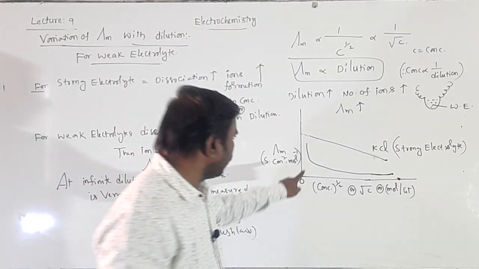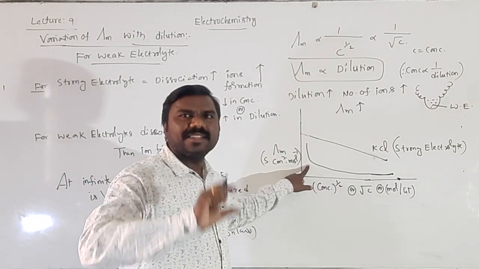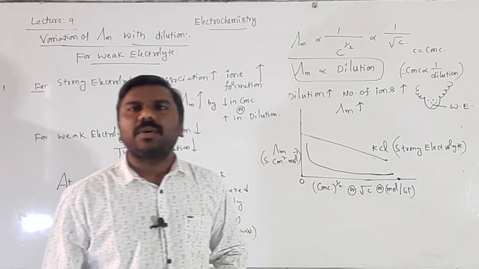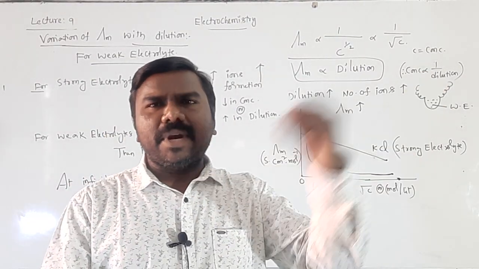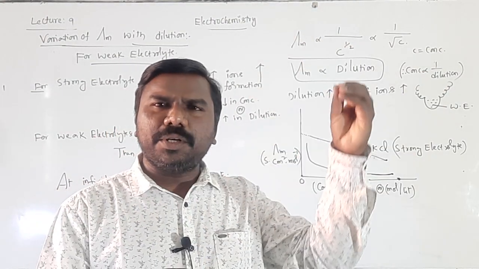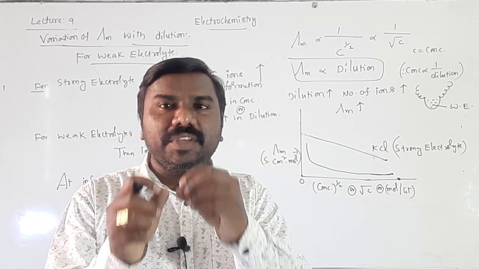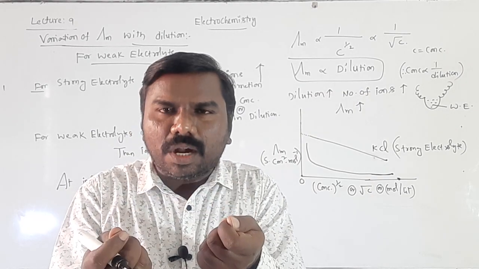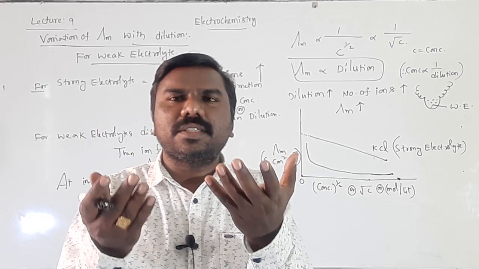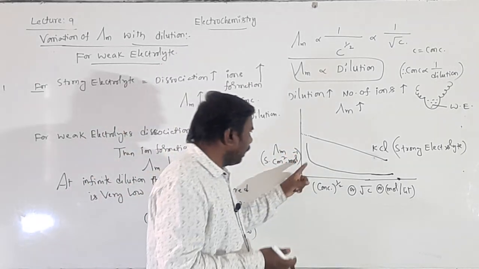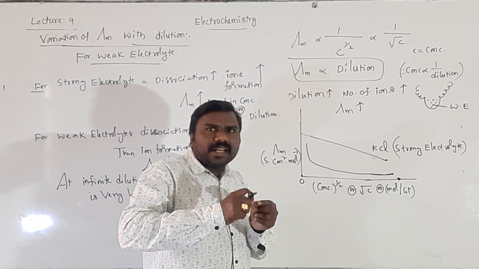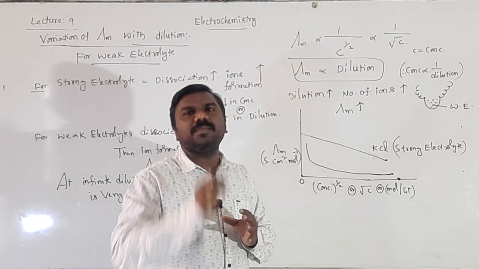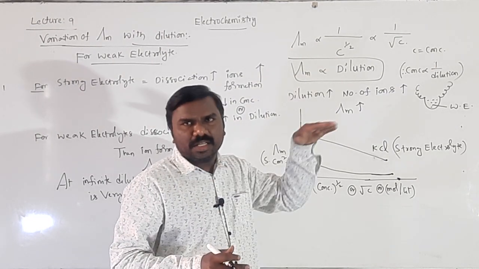At a particular point, suddenly, steeply, the conductivity will increase. I am adding water, and at a particular point the weak electrolyte will dissociate into ions. Then ion formation takes place at infinite dilution, and conductance suddenly increases, steeply, not in a positive slope way.